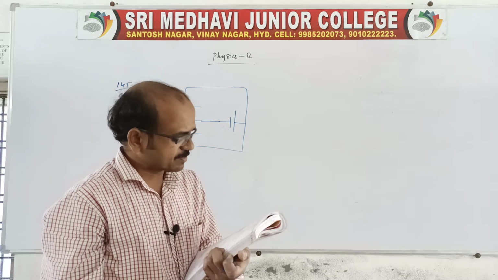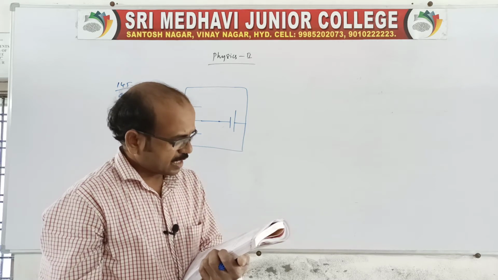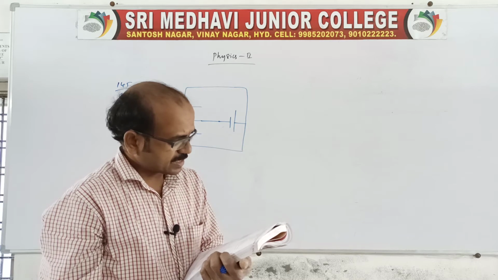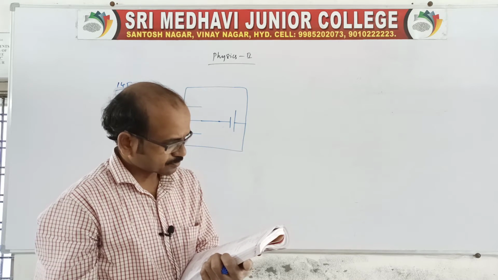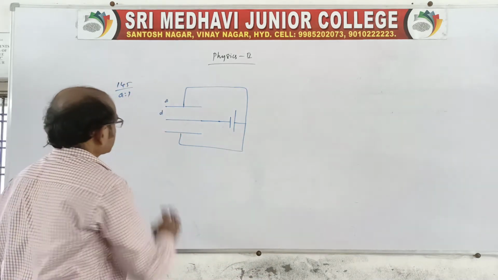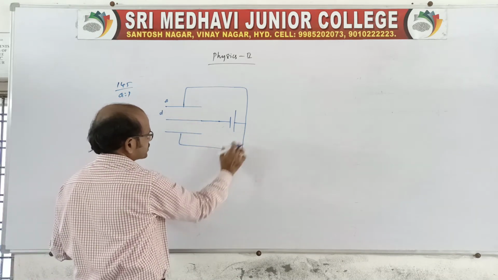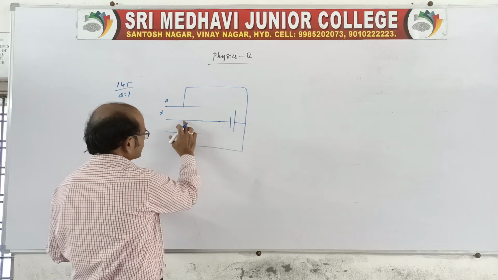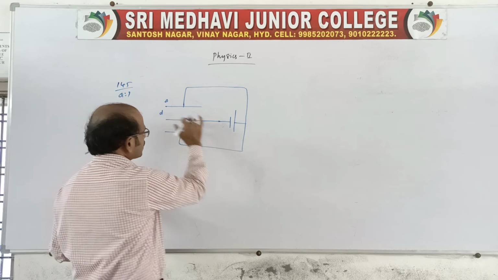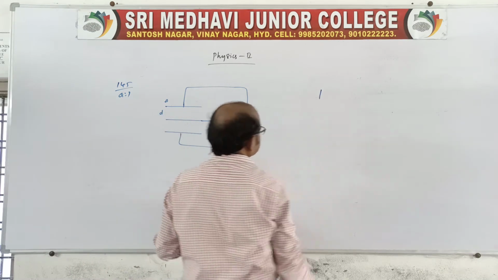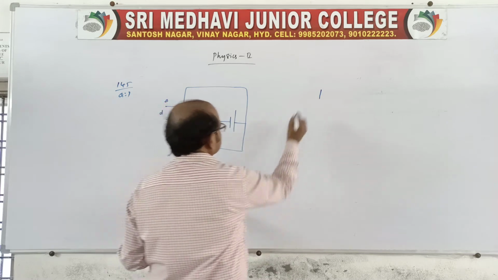So these 3 capacitors, each with the given area, have to be connected like this, right? When you take this plate, it is connected to the positive terminal, and this plate is also connected to the positive terminal, and this one is connected to the negative, right? So I am arranging this as one plate, and there will be another plate.